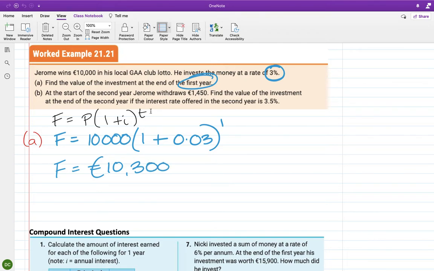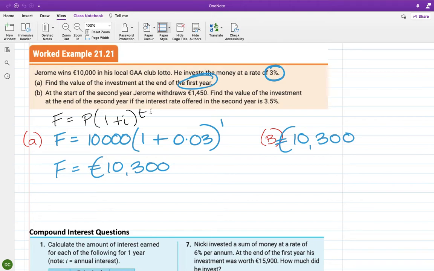Okay. At the start of the second year, Jerome withdraws €1,450. Find the value of the investment at the end of the second year if the interest rate offered in the second year is 3.5%. So at the start of the second year, he has €10,300.